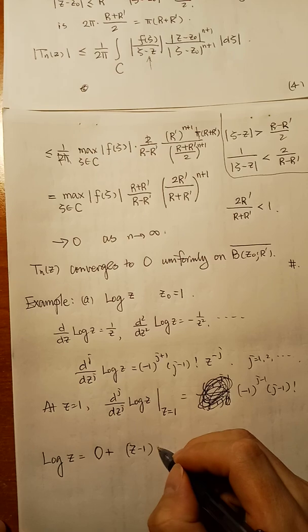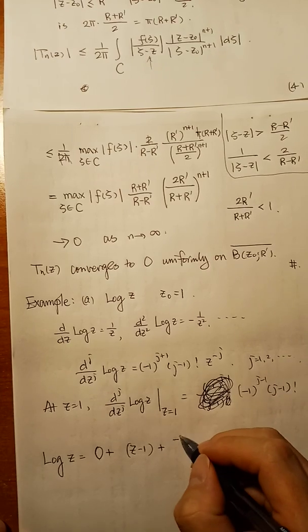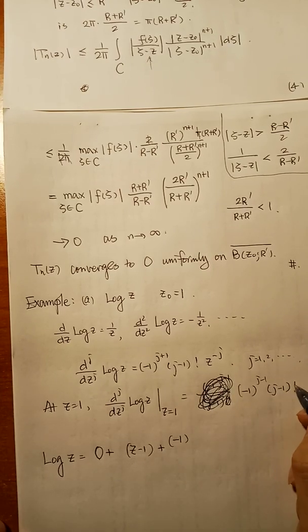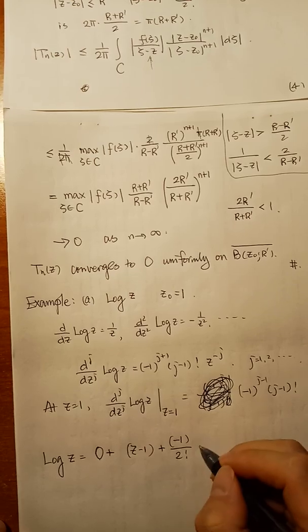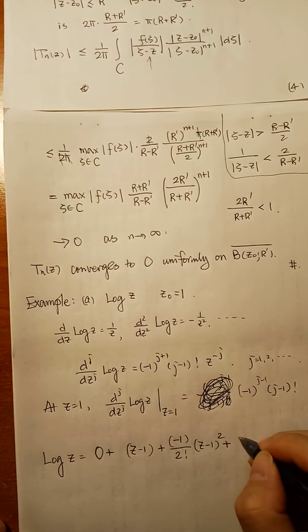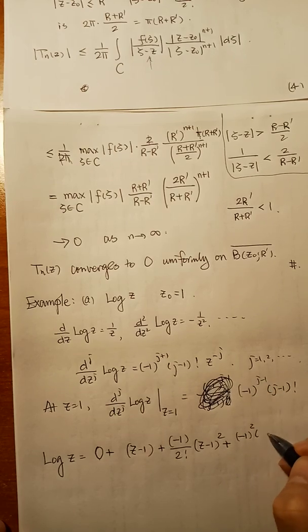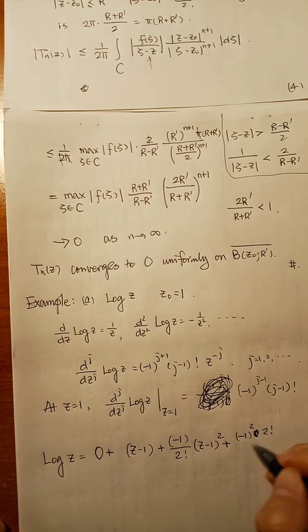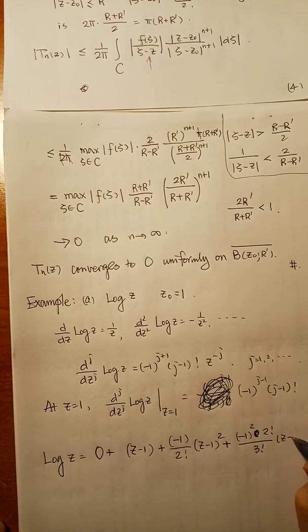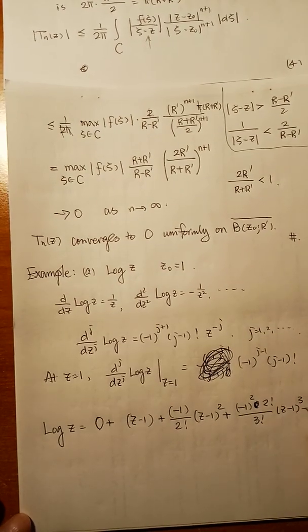And plus, when j is equal to 2, you get negative 1 times 1 factorial over 2 factorial and z minus 1 squared. j equal to 3 is negative 1 squared times 2 factorial over 3 factorial, z minus 1 cubed. Okay, and so on.